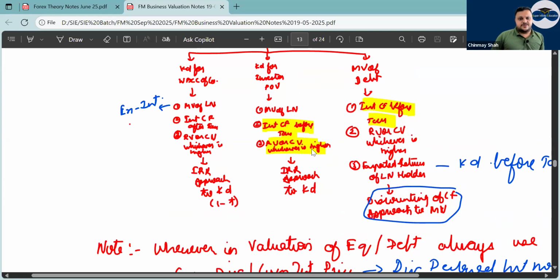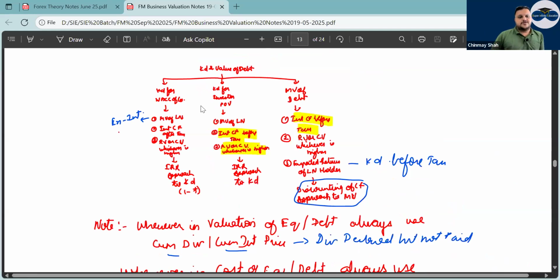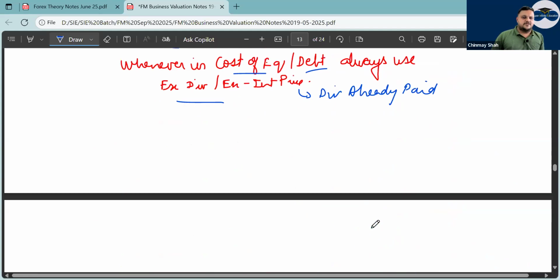For the WACC question, you do this. When it asks for market value of debt, you use this. And if it specifically says calculate KD from the investor point of view, then you can use this part. When it says find market value of debt, you have to do everything before tax. Your answer also will be KD before tax, correct?